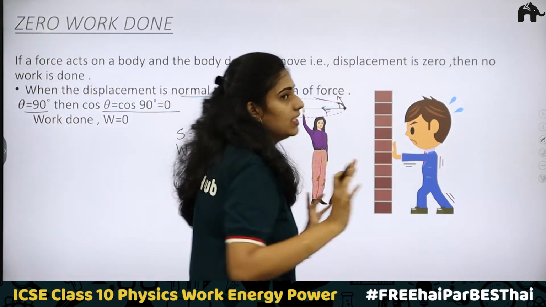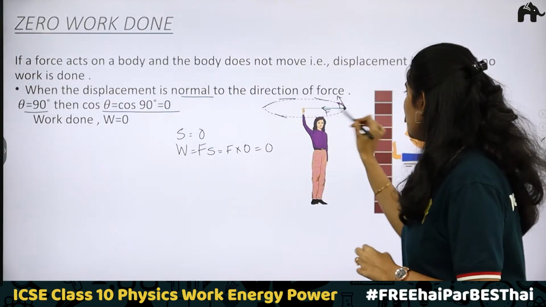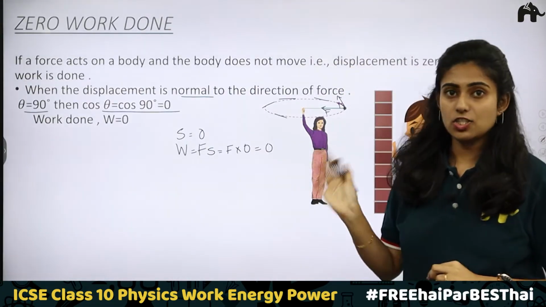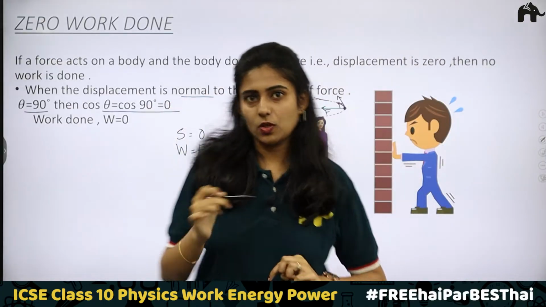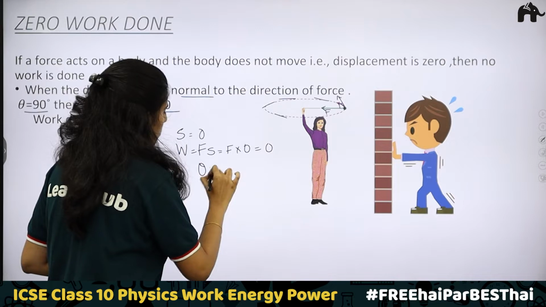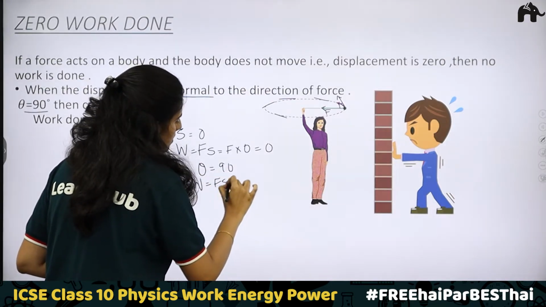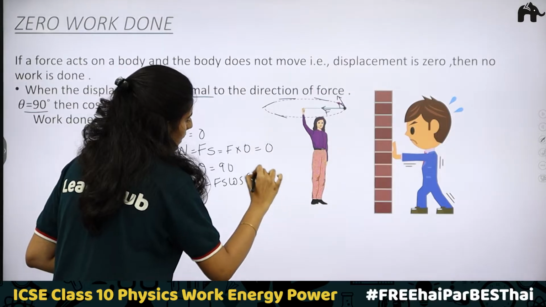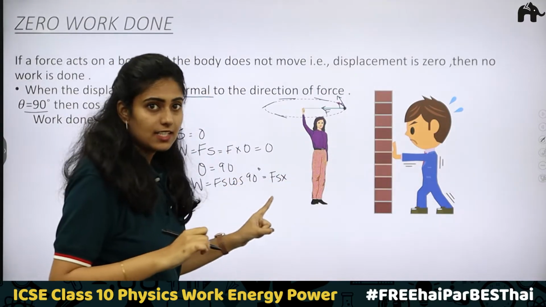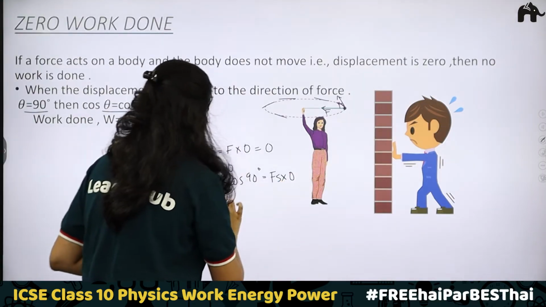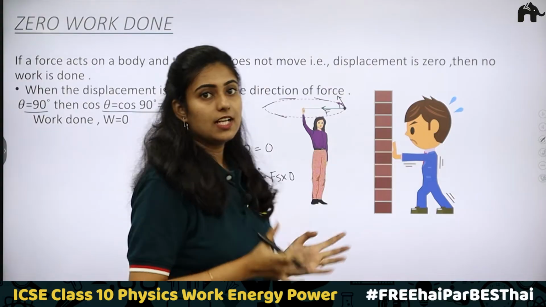The angle between them is equal to 90 degrees, which means that it is normal. Force applied is normal to the direction of motion. Angle is equal to 90 degrees. When theta is equal to 90 degrees, we need to find work done. Fs cos 90 degrees. What is cos 90 degrees? Fs into cos 90 degrees, the value is equal to 0. Therefore, work done W will be equal to 0. So, work done is 0.